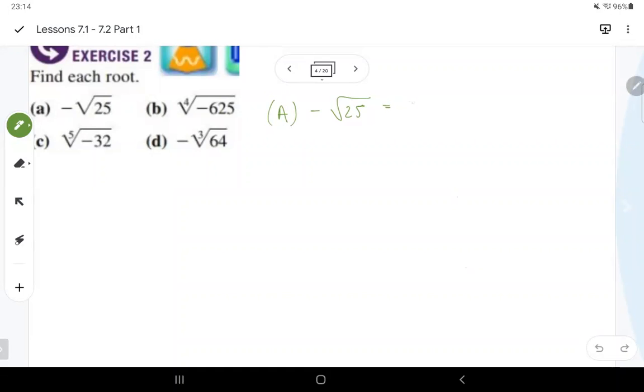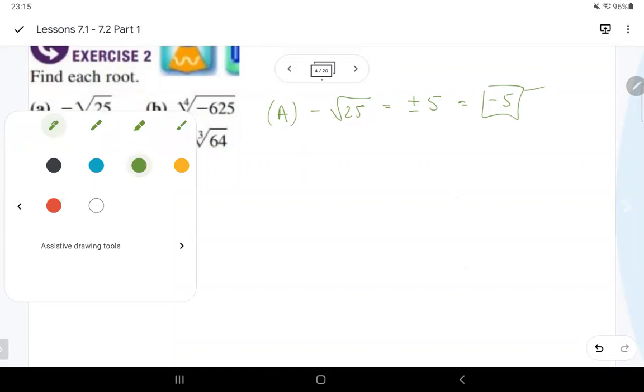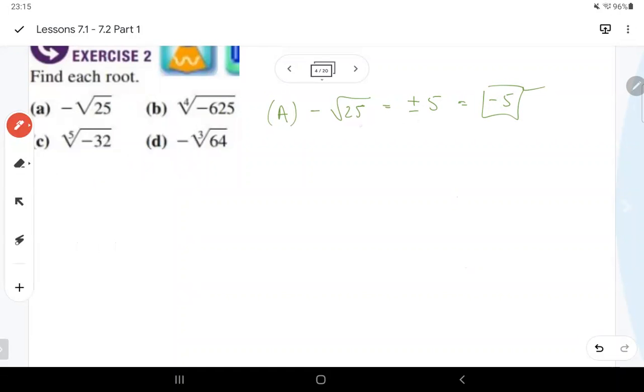We normally would want to write plus or minus 5, but we have a negative on the outside. I believe they would want that more so than the other answer. Honestly, I would take either, but I would try the -5 first.